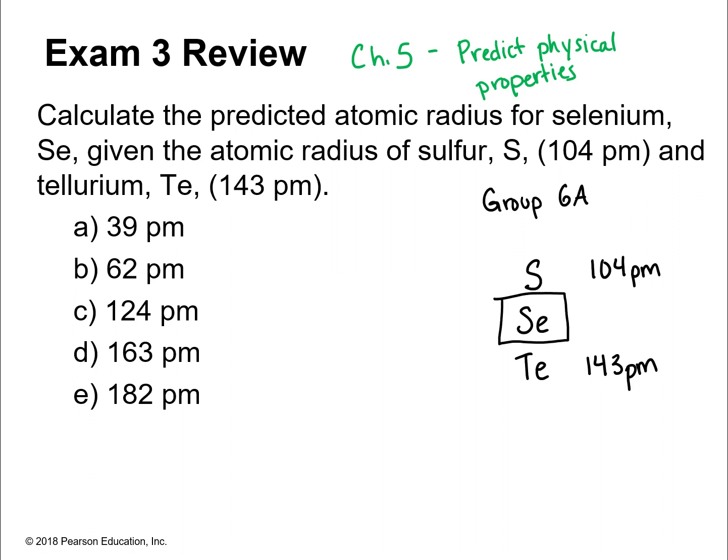So without doing any kind of math, the only one that fits the bill, yeah, 124. So you don't even have to do any math. That's the only answer that makes sense. It has to come between the radii of sulfur and tellurium.